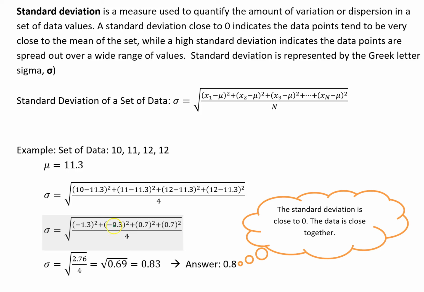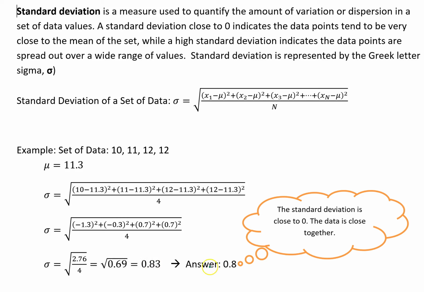When I took all of those numbers, squared and added them, I arrived at 2.76. And I divide that by 4 because there are 4 data values. And the calculator gives a result of 0.69. The square root was approximately 0.83.